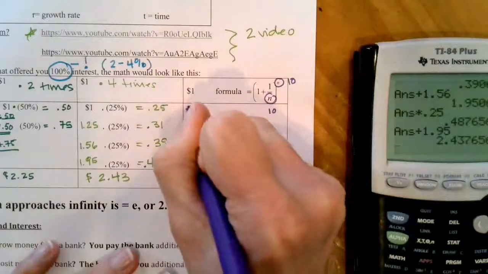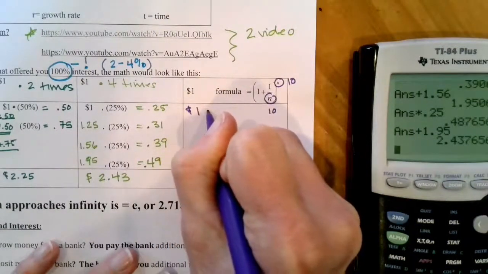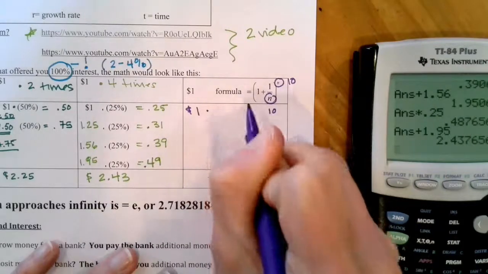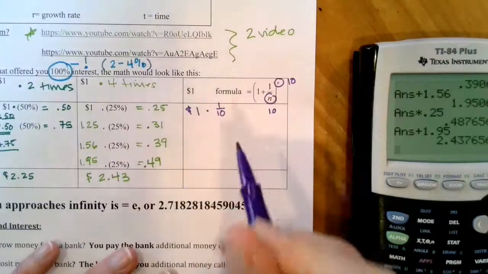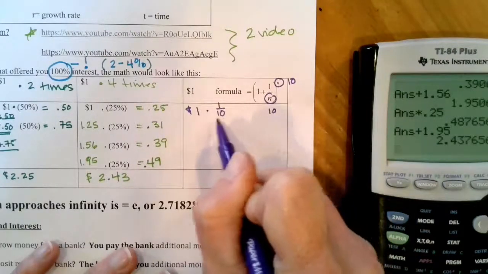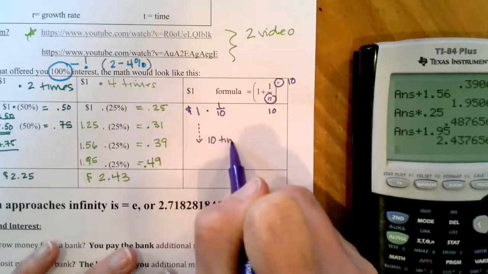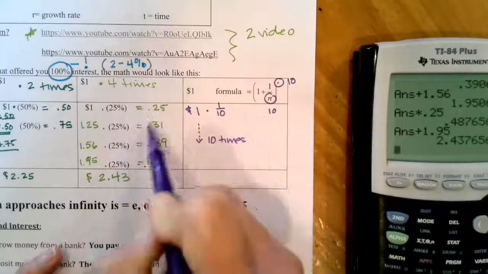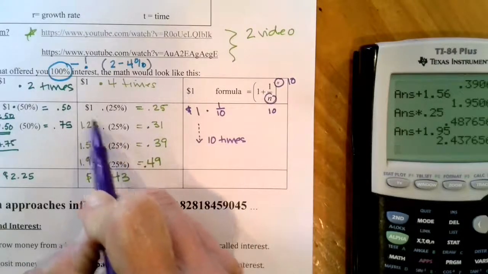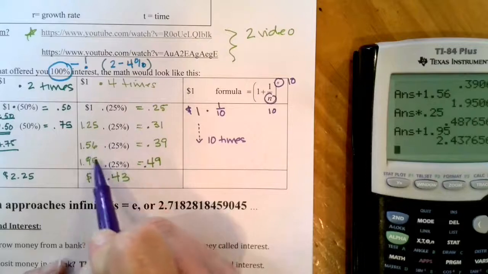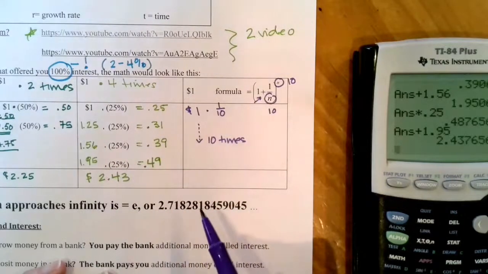So my $1 is going to be multiplied by 1/10. So I'm going to divide it by the 10 times. I'm going to repeat that story 10 more times. And did you notice each time I calculated my interest, I added it, and this is where it became an addition problem? That's what this is for. I'm adding it to.